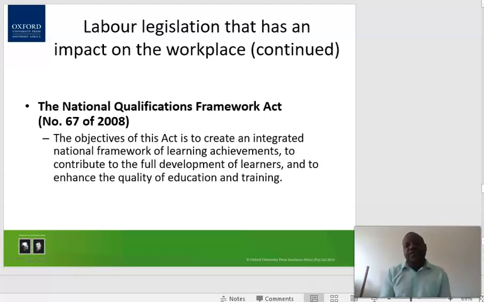Then we also have the NQF Act, and the objective of this act is to create an integrated national framework for learning achievements to contribute to the full development of learners and to enhance the quality of education and training.